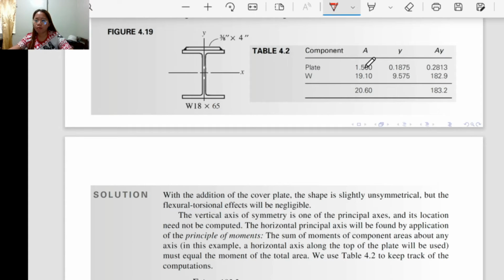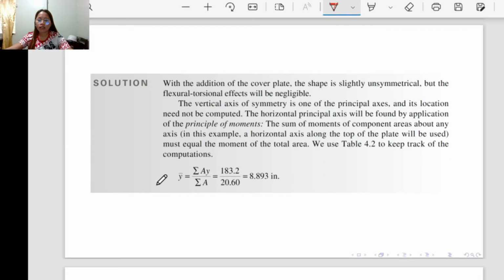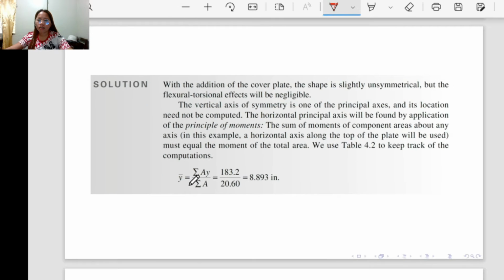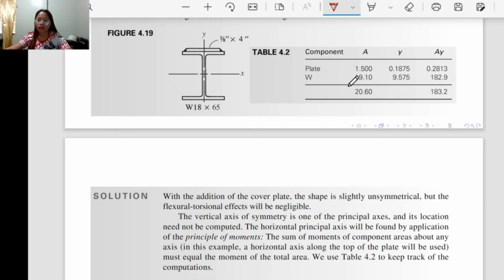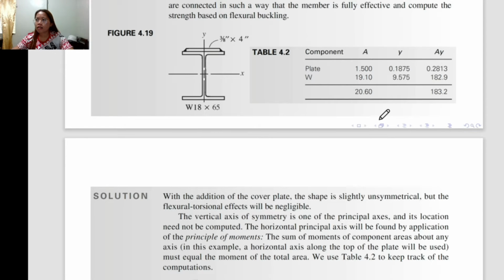I remember we get the summation of the value of A times y and the summation of the area, so that the centroid for the whole component is the summation of AY divided by the summation of A. I don't know if you already tackled this in statics or in strength of materials, but this is a topic in strength of materials, included in the examples as far as I remember.